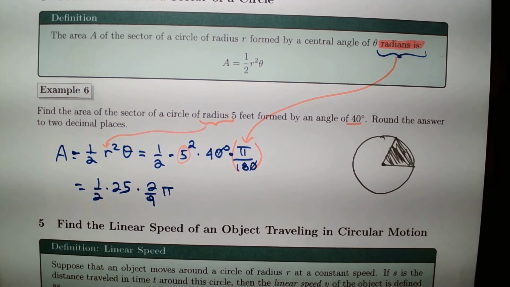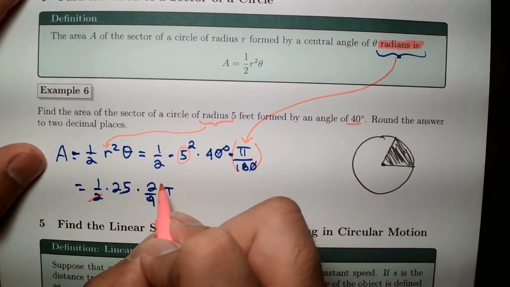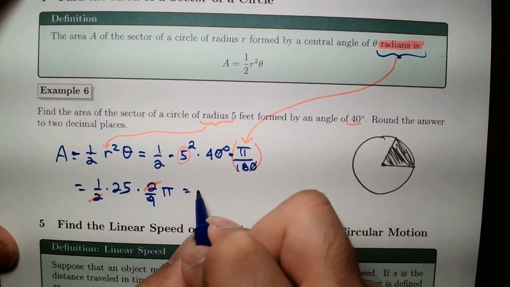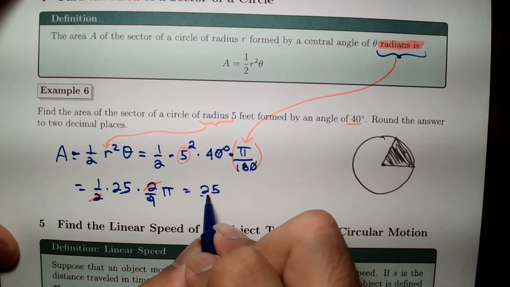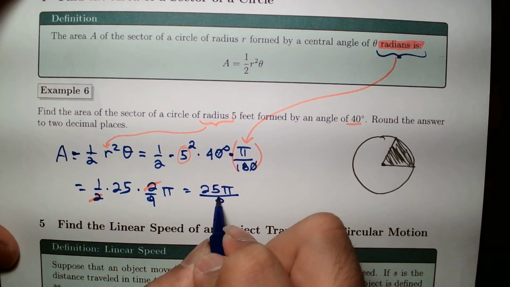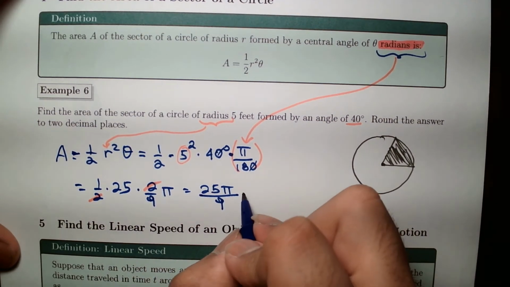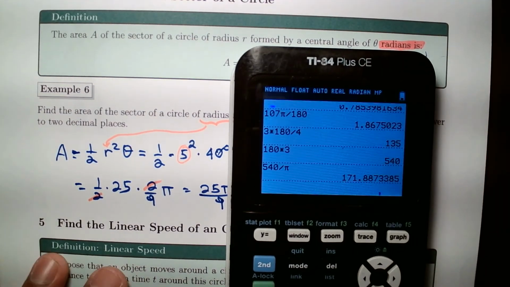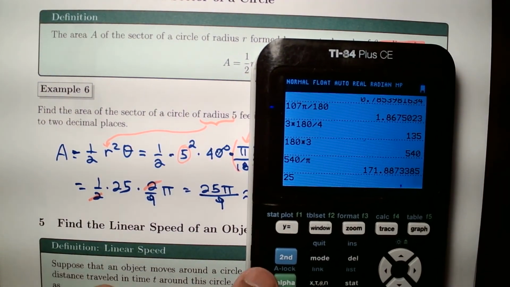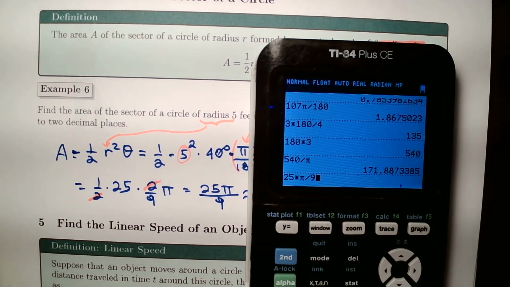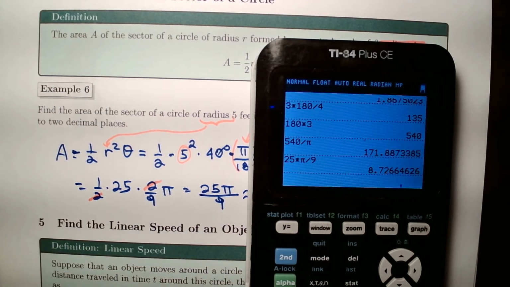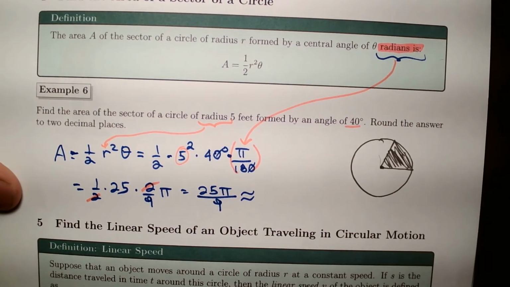And actually we can still further simplify these twos, and we will be left with 25 pi over 9. That's the exact answer, and we need to further simplify this. 25 times pi over 9, and that's going to give us 8.73, rounding to 2 decimal places.